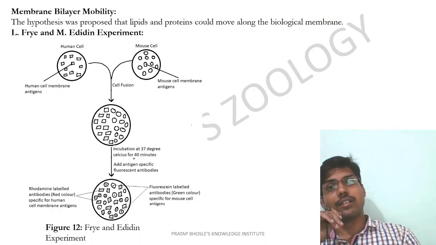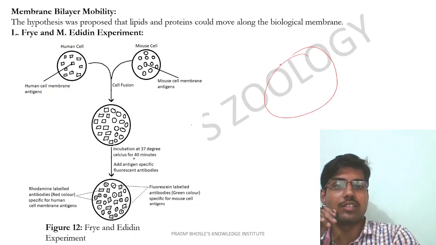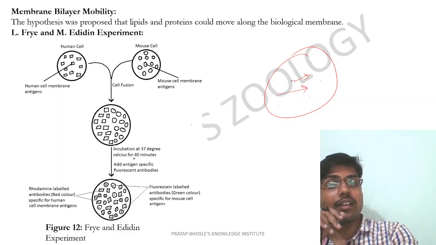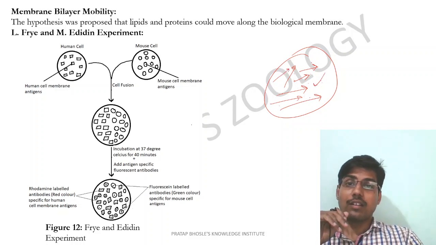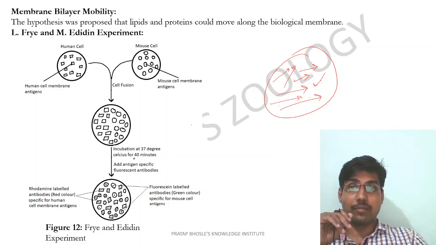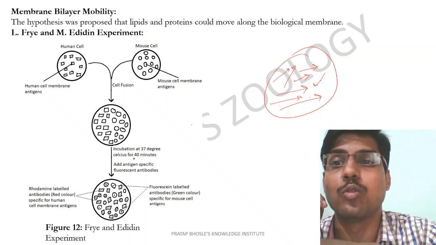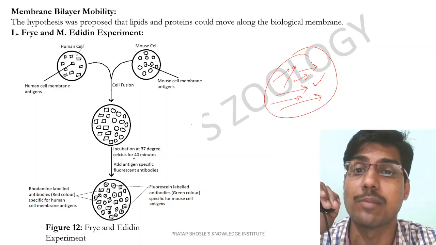What it means is that the proteins on the surface of a cell are able to travel in this bilayer laterally also. And how did the Frye and Edidin experiment confirm this mobility of the bilayer? He took a human cell with human cell membrane antigens and a mouse cell with mouse cell membrane antigens.